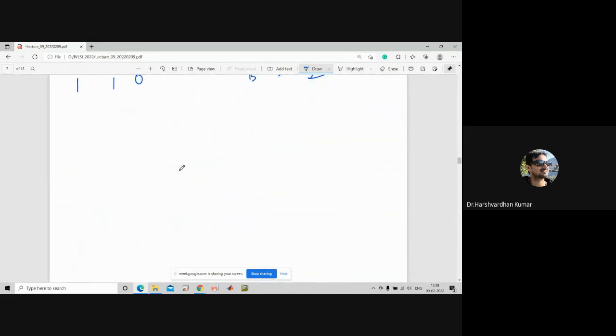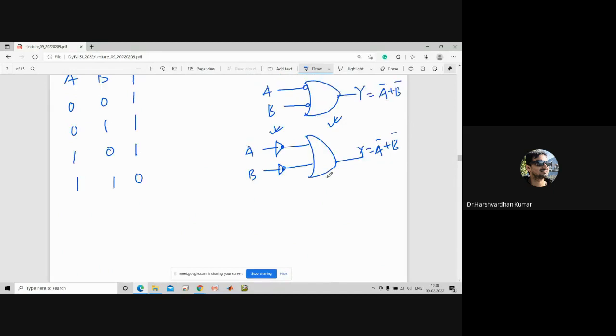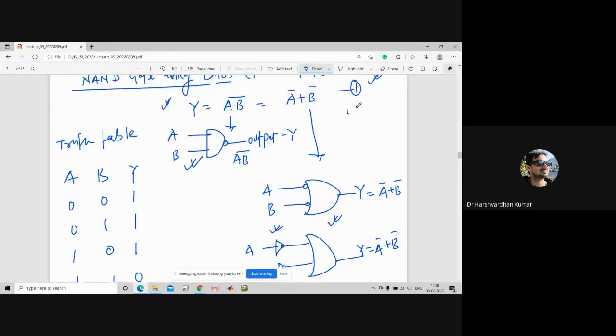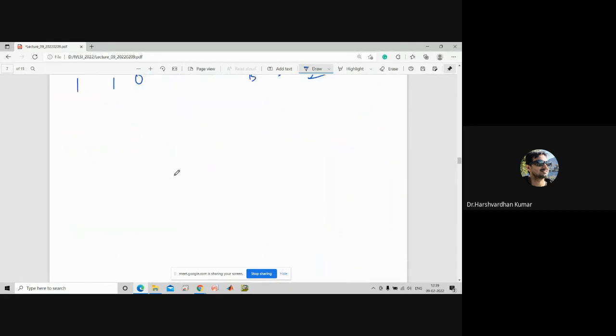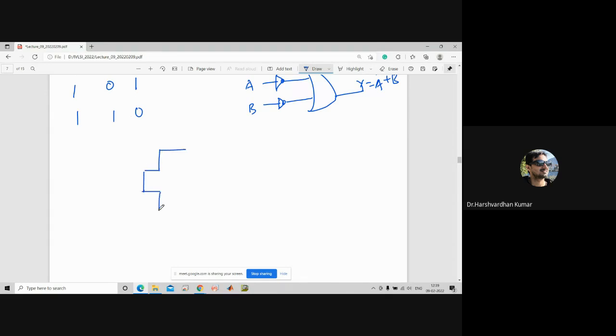If you see the expression, this is the OR gate and this is for the AND gate. So see how the configuration will look. Here we will change the input and output. For the AND gate we know, and for the OR gate we know very well, we need to connect the transistors in parallel.